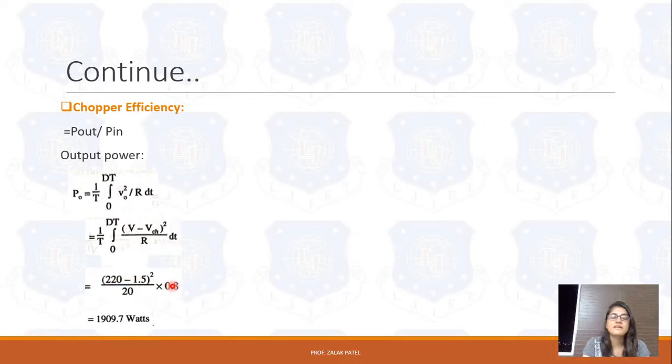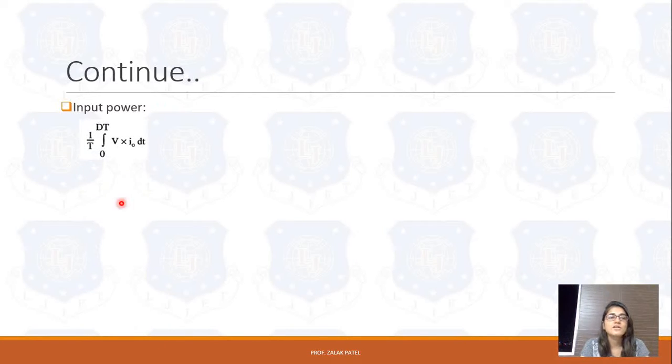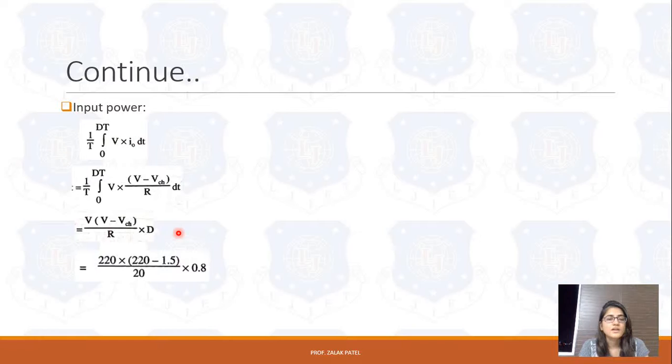So the output power is 1907.97, and for the input power it is 1 upon T integral of V into I0. If you put all the values, here again the integration is over dt, and T will be cancelled out. So the value is 1922.8. Now we have the output and input power, so simply put in the values.